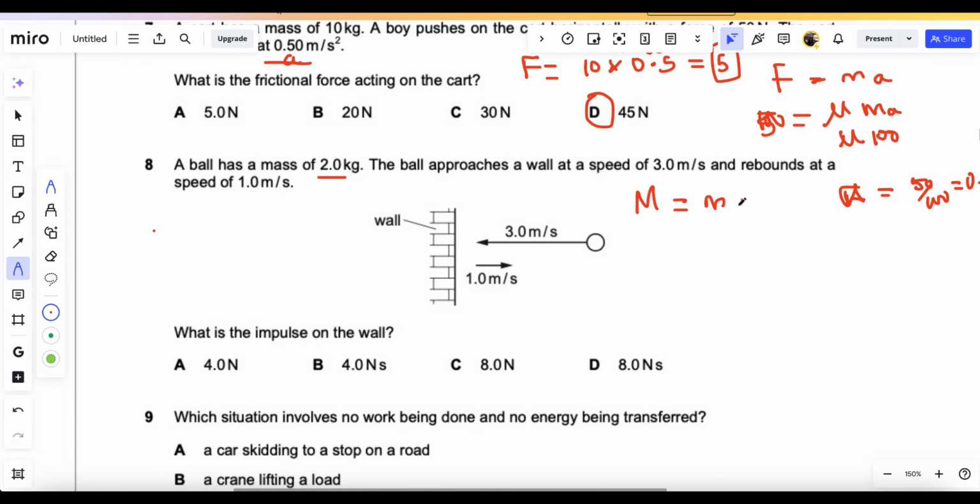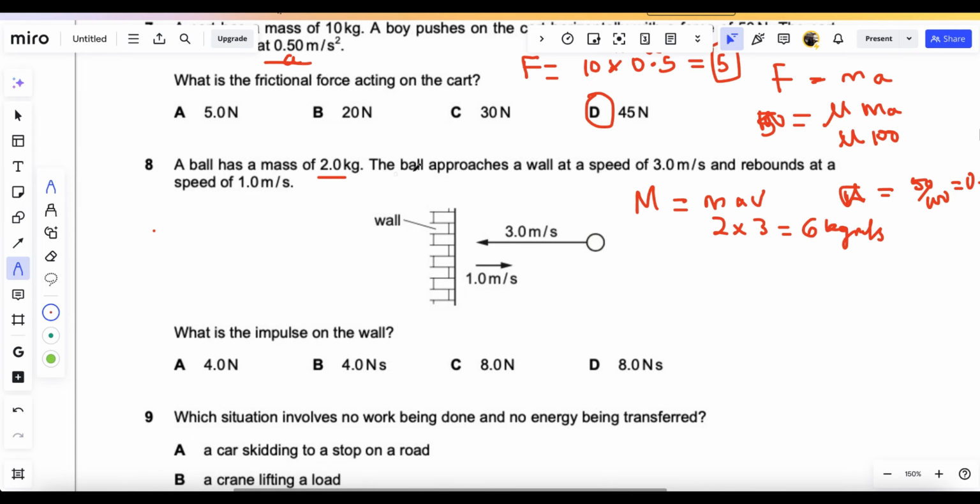So 2 kg times the speed of 3 gives a momentum before collision of 6 kilogram meter per second. That's the momentum of the ball before it hits the wall.